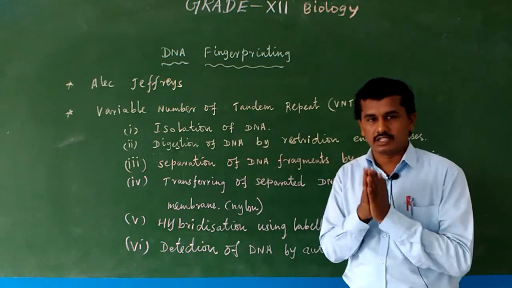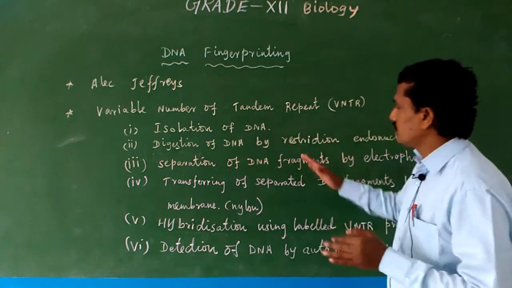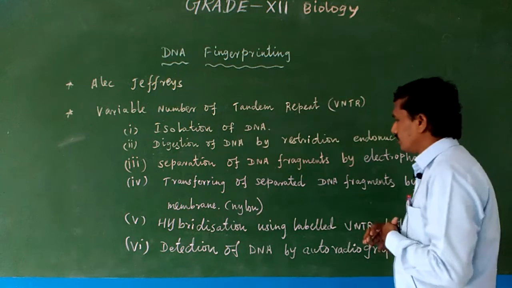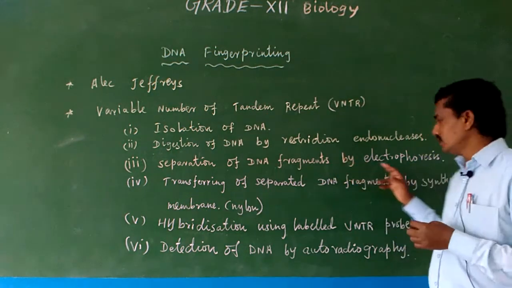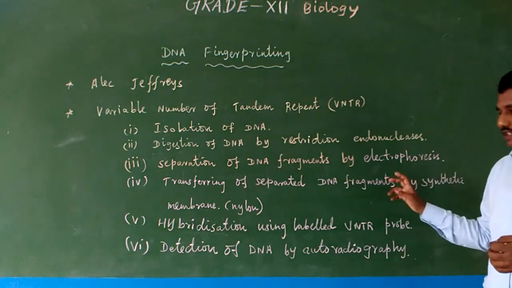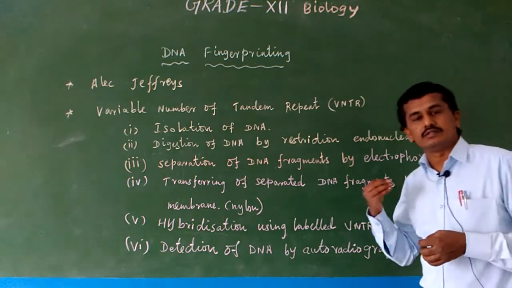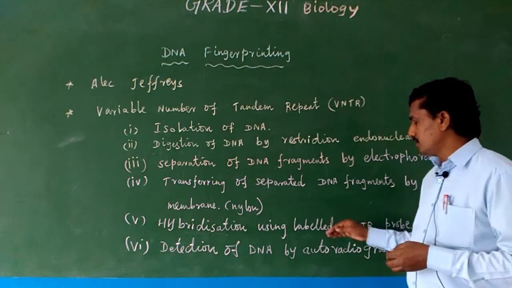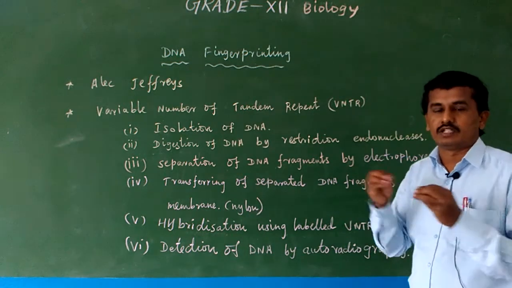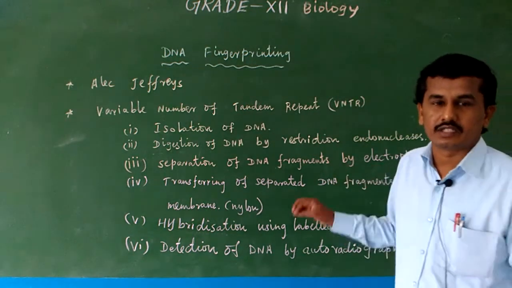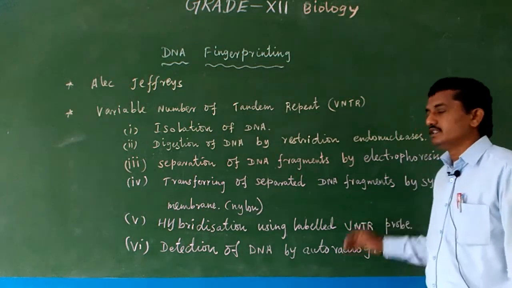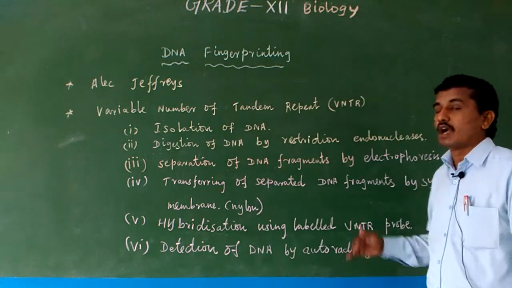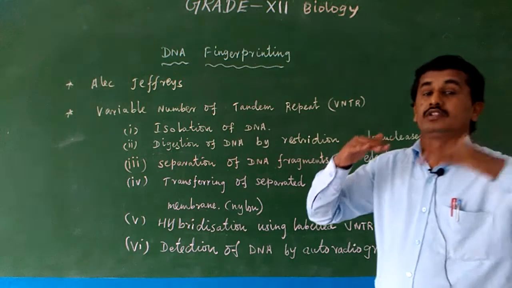First isolating the DNA, digestion of the DNA with restriction endonuclease, and separation of the DNA with a gel electrophoresis machine. Then transferring the DNA fragments onto the nitrocellulose paper and adding the labeled VNTR probe, which joins the DNA fragments. Then detection of DNA, to see how similar the DNA is to the person.